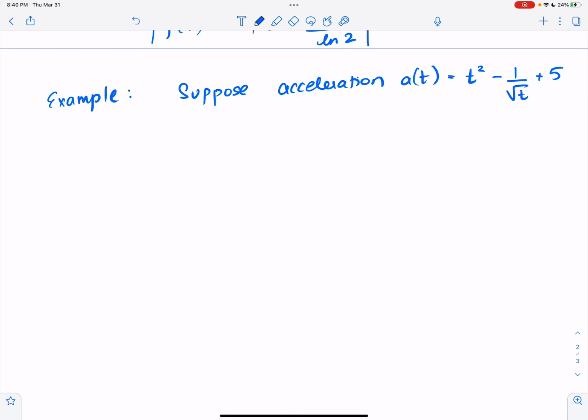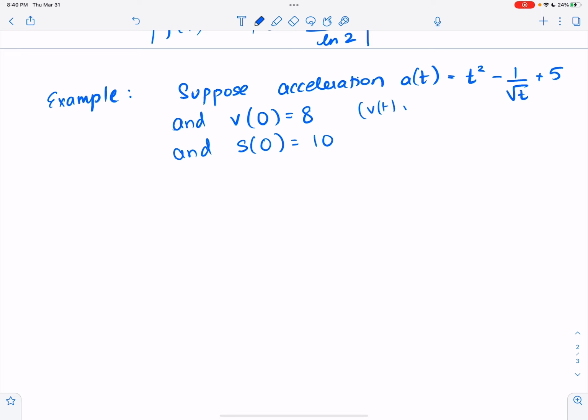Okay? So suppose that's the acceleration of a body. And you are told that the velocity at time 0 is 8. And you're told that the position at time 0 is 10.